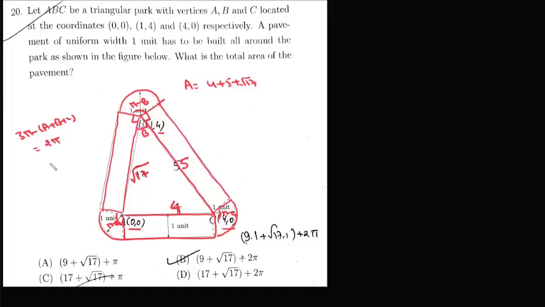So actually all these three portions, they'll form a circle whose radius is 1, and this required area will be simply pi r squared, which is pi. So this area will be 9 plus root 17 plus pi, and that will be your option.